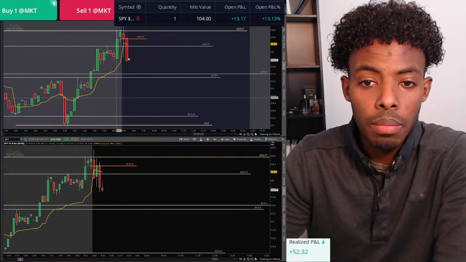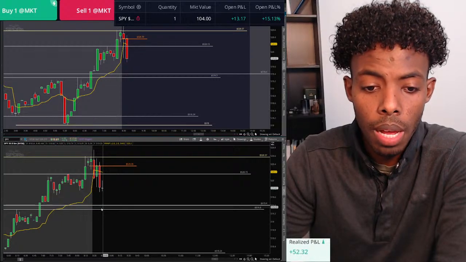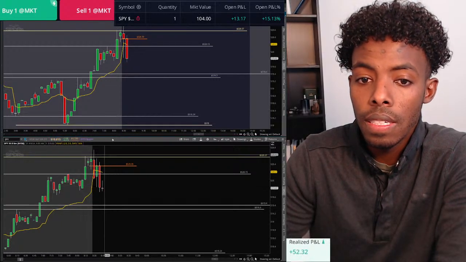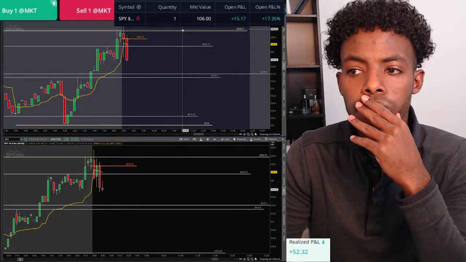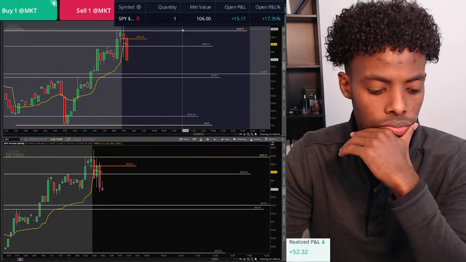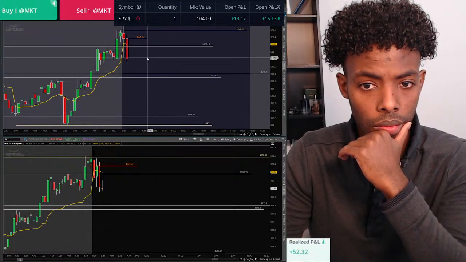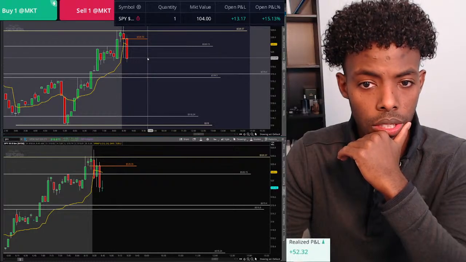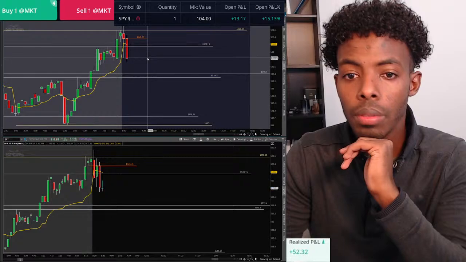There appears to be more push down coming for SPY. We could probably go right here, to be honest. Is the price going to maintain below here, or should we take this W?